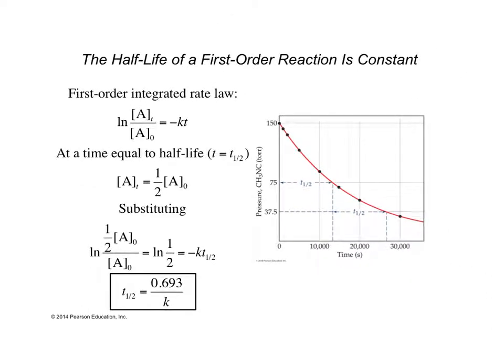We're going to first start with the first-order half-life expression. Just like I said a second ago, this half-life expression is going to come from the rate law. I've taken the first order integrated rate law and rearranged it here so that I have the concentration at time t divided by the initial concentration, and I'm taking the ln of that. This is just another rearrangement of the first order integrated rate law.